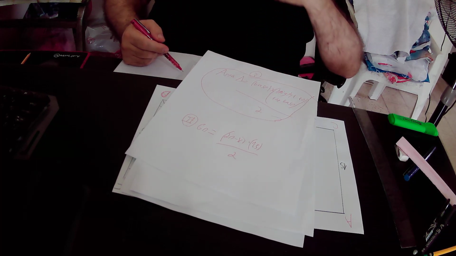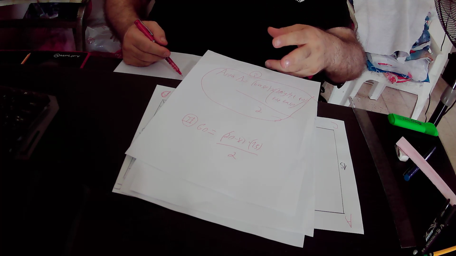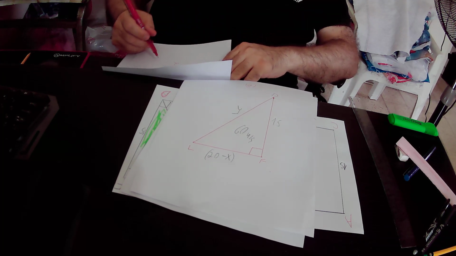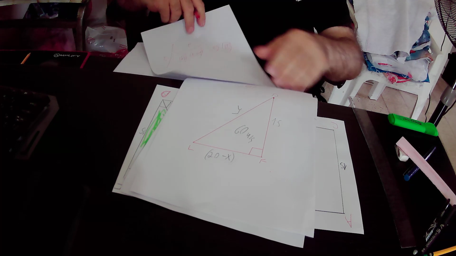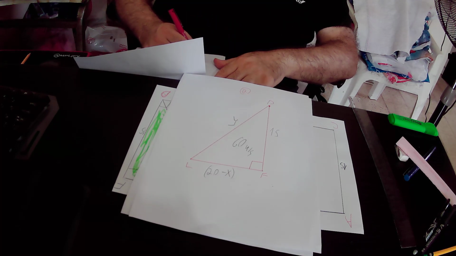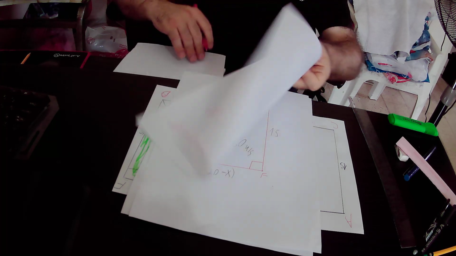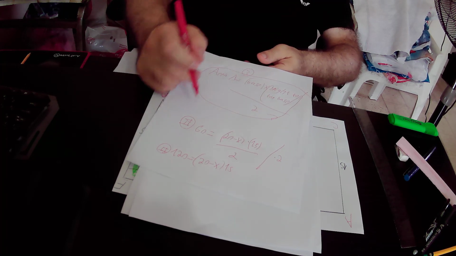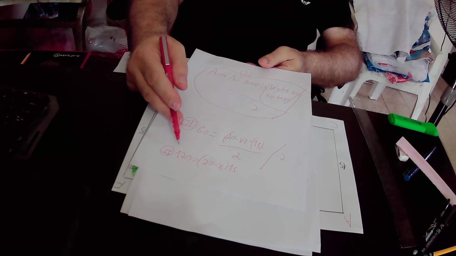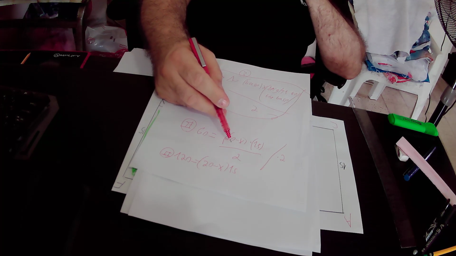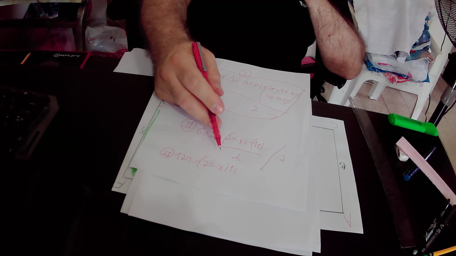Okay, now we will multiply equation number 2 by 2. 2 times 60 is 120, and 20 minus x times 15 divided by 2 times 2 is 20 minus x times 15.